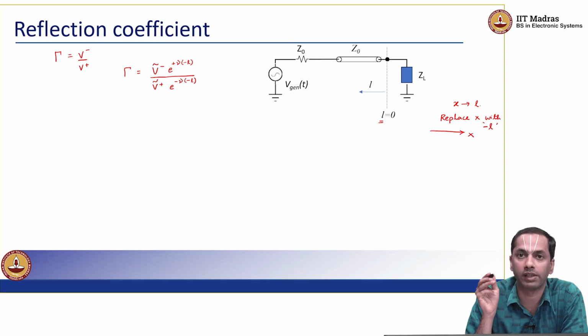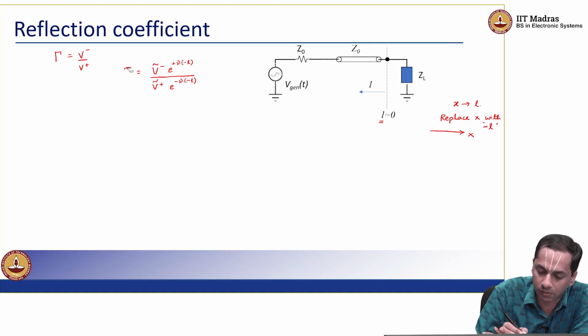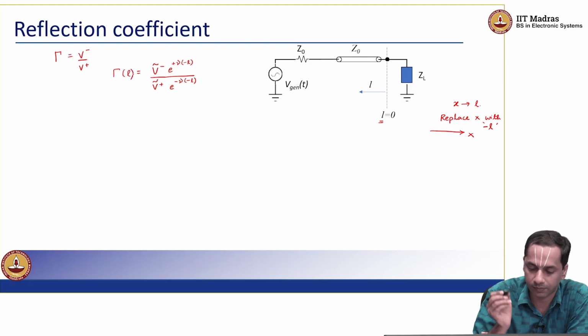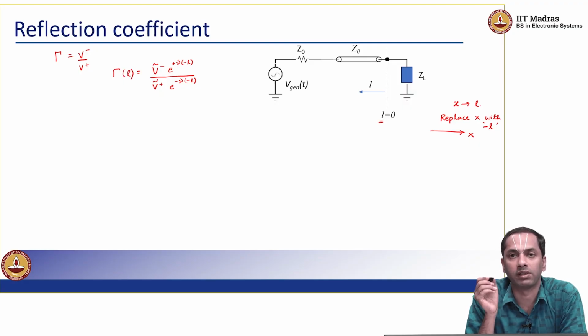So at every location, I can define this ratio, right. So I can say that now gamma is a function of l. Okay. So we have a distance dependent reflection coefficient, right, which is defined as the ratio of V minus and V plus.